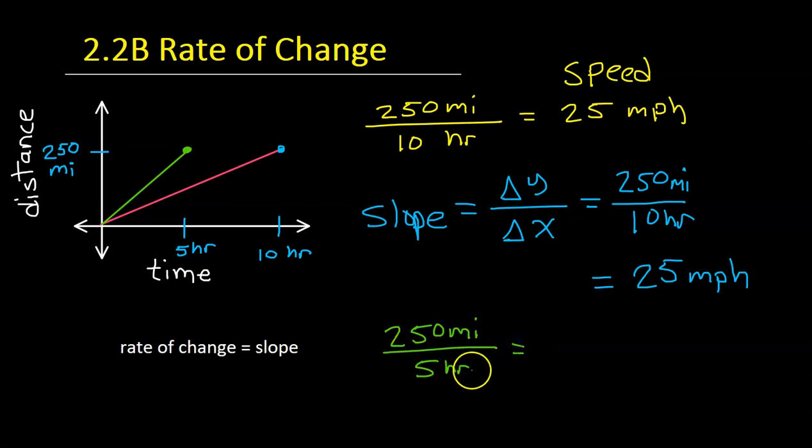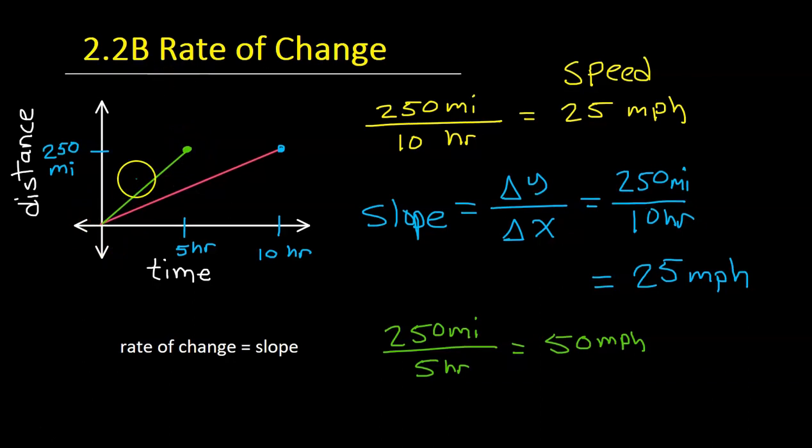If you do that division, it comes out to be 50 miles per hour. So we have a faster rate of change, 50 miles per hour compared with 25 miles per hour. Now look at the slope. Notice this graph has a steeper slope. So again, rate of change is just the slope of the graph. The steeper the slope, the faster the rate of change.